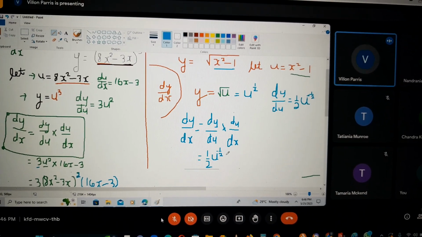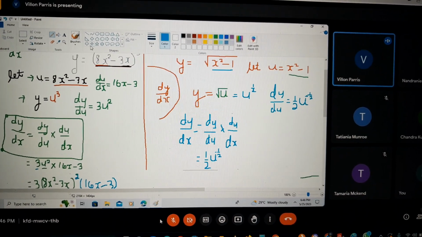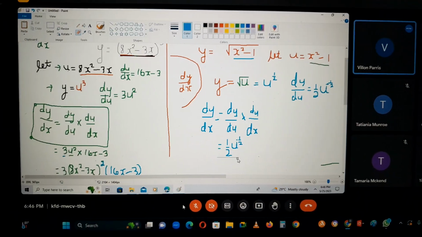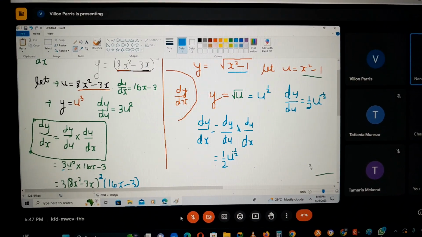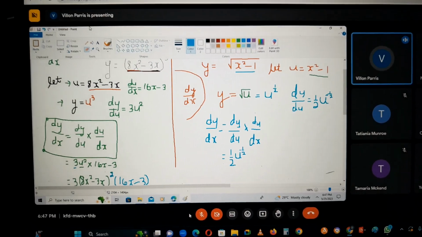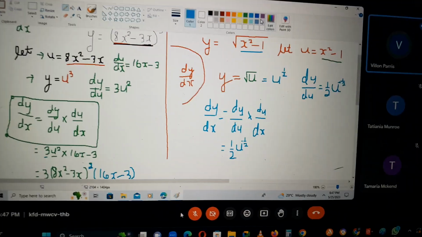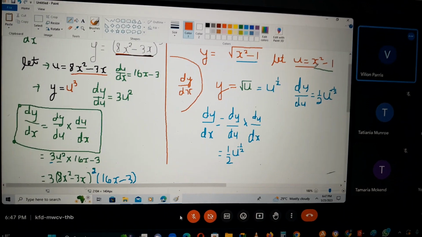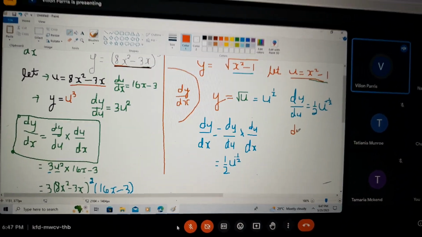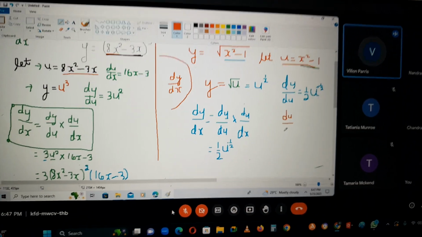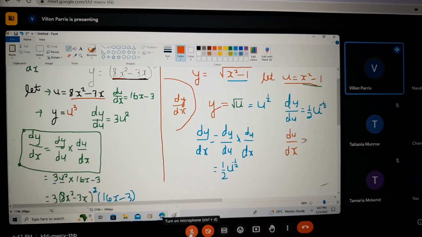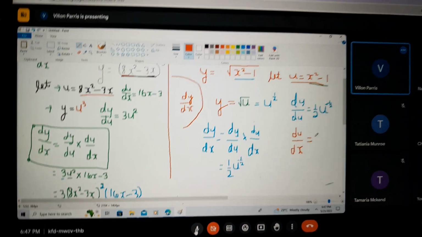Now what do we need to do? Are we finished? We found dy du. We find du dx. Great. So u is equal to x squared minus 1. That's in red here. When we differentiate u with respect to x, what will we get? 2x, sir.